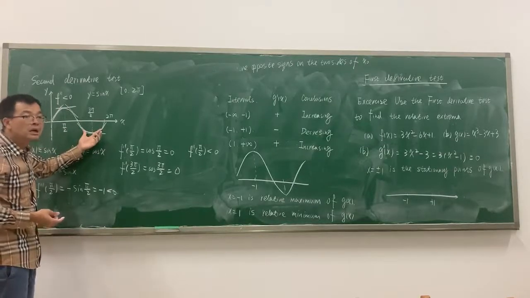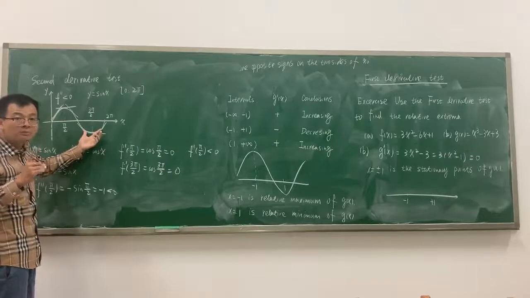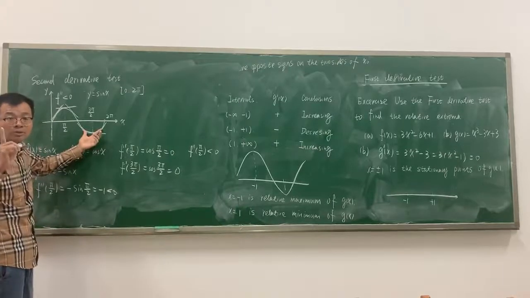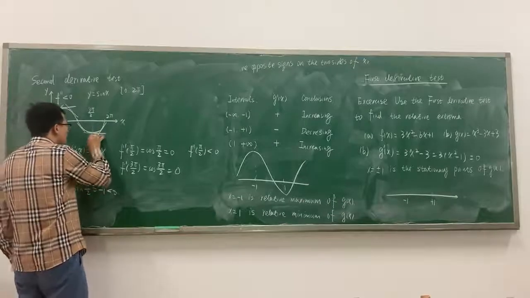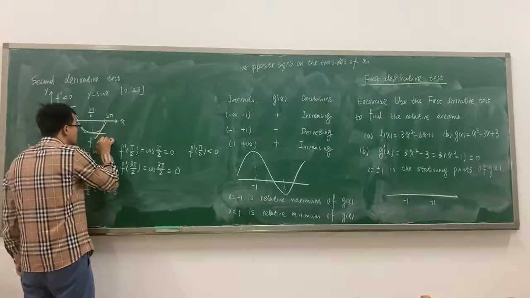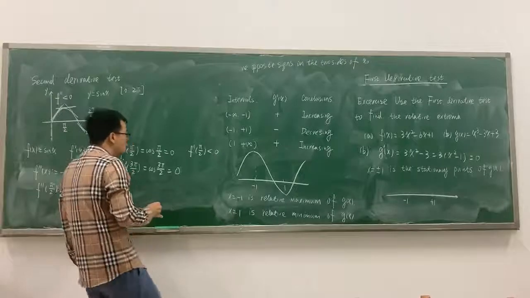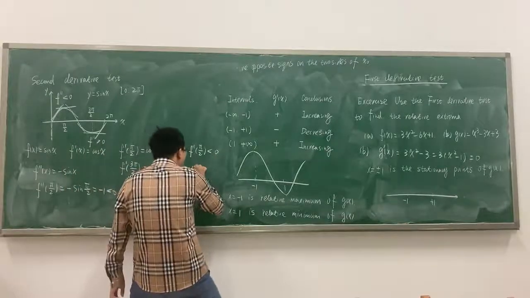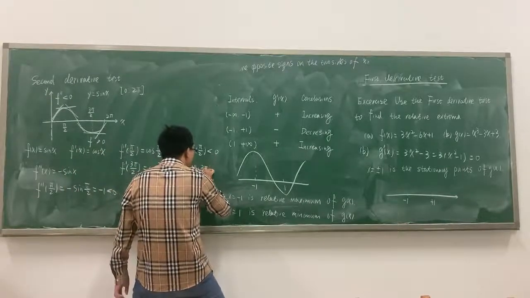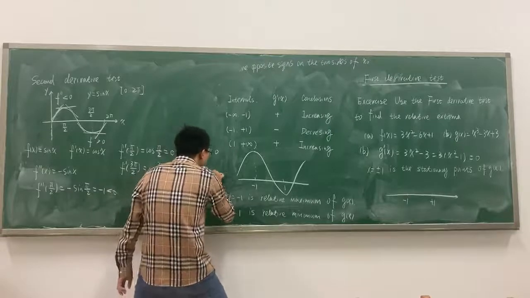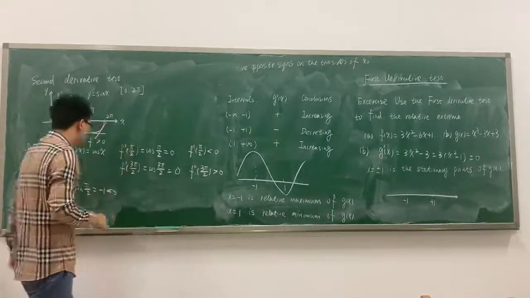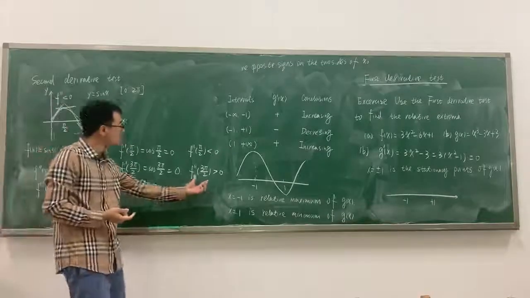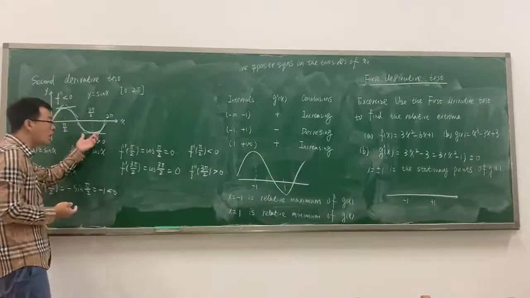Concave up, yeah? So concave up means that the second derivative is greater than 0 or less than 0? Greater than 0, yeah? So here f double prime of 3 pi by 2 is greater than 0. This conclusion we see from the graph.